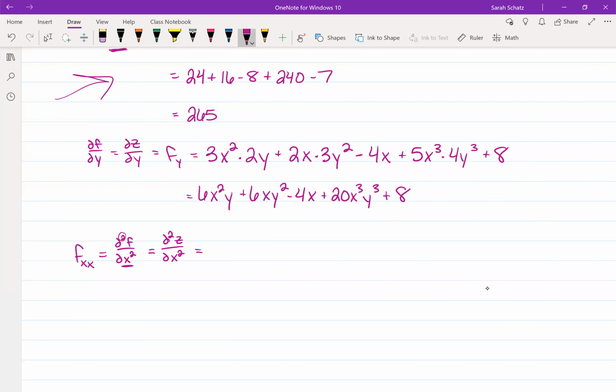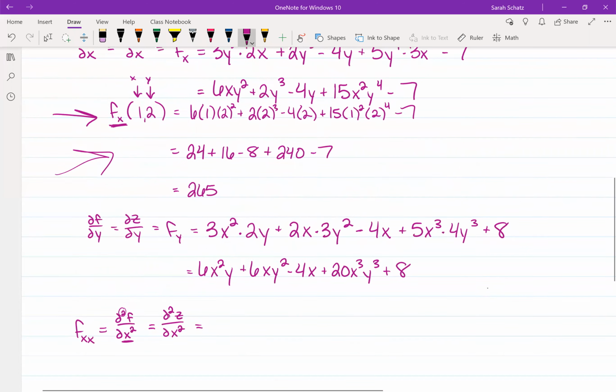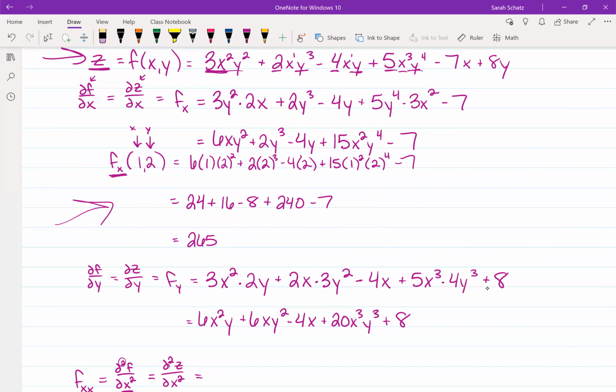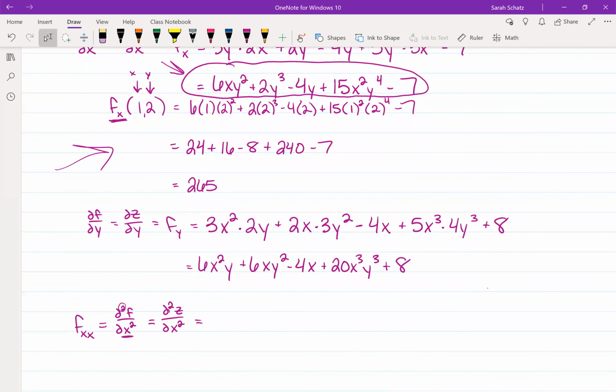But either way, we need to go from our fx line. We took it here first. Now we're going to take the derivative of, well, not that one, because that one we put the point in. This is our simplified fx, not fx at the point. We're going to take the derivative of this first order partial, again, with respect to x. So I can see that here, it's circled.